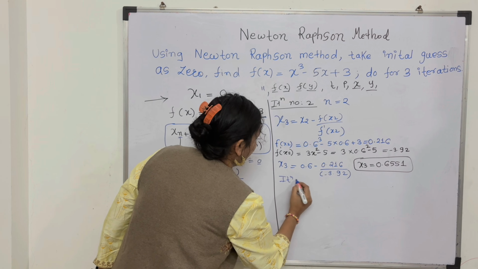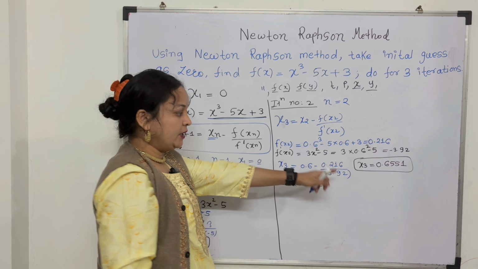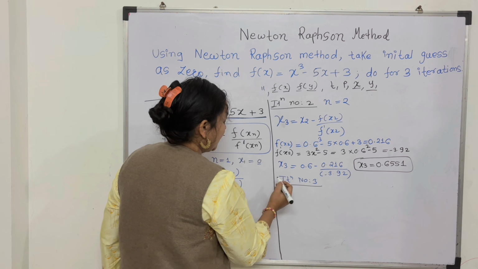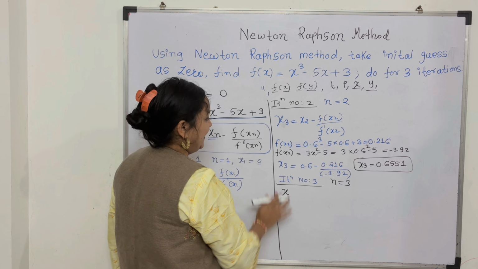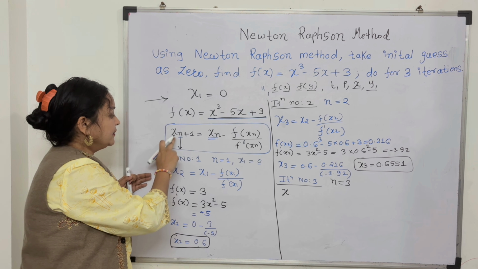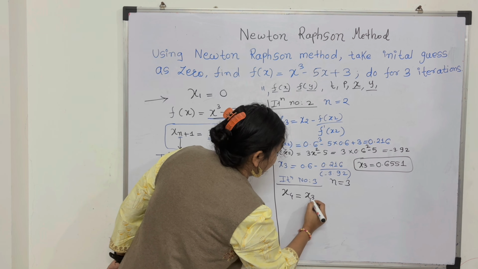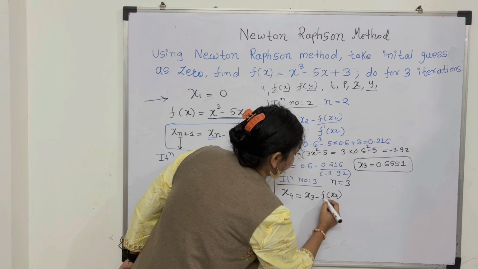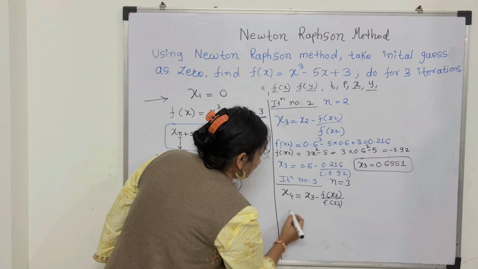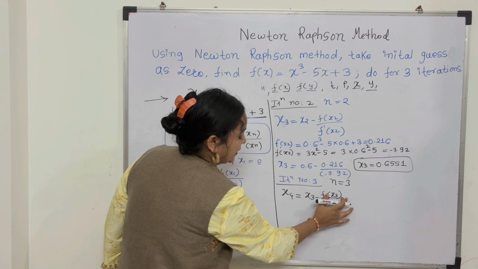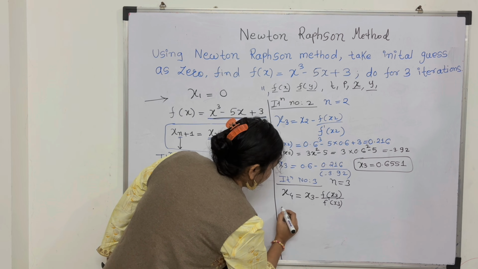If you are going for iteration number three, similarly you have this new value of x3 here. Now you again consider n as 3. So put this into the main formula, that is 3 plus 1, which is 4. So x4 is nothing but x3 minus f of x3 divided by f dash of x3. Now you have this x3 value, but you again have to calculate f of x3 and f dash of x3. So quickly calculate it.